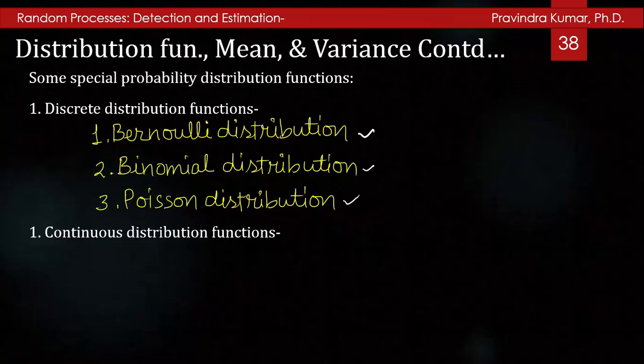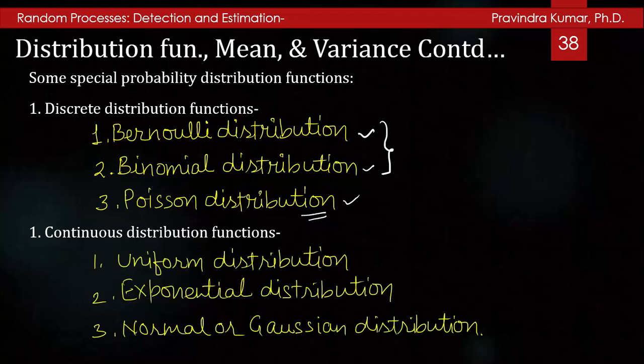Bernoulli and binomial distributions are used for testing items as defective or non-defective, and the Poisson distribution is used for the number of outcomes occurring in one time interval or a specified region, for example the number of call drops during the busy hours. The continuous distribution functions are uniform, exponential, and normal or Gaussian distribution functions. There are many more distribution functions, but here we will discuss only these three.